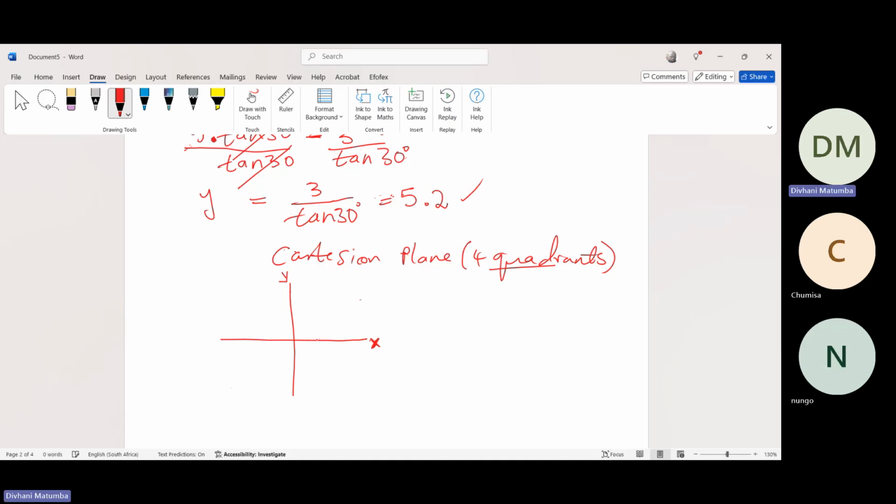So what is the degree that makes a full revolution, Tumisa? What is the angle that makes a full revolution? This is a full revolution.